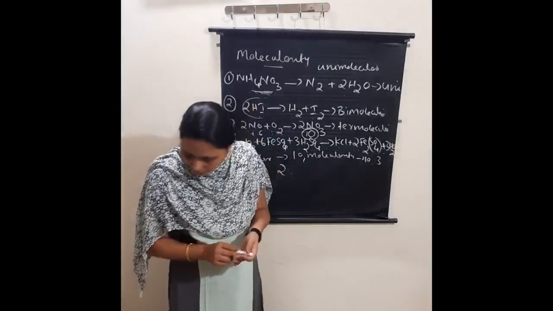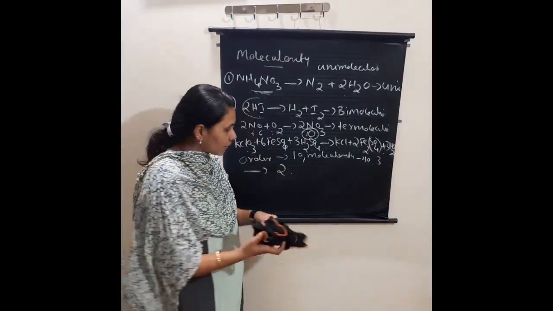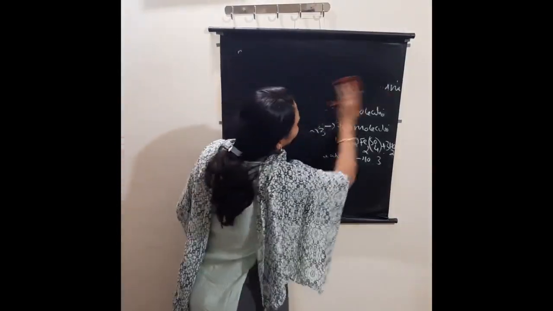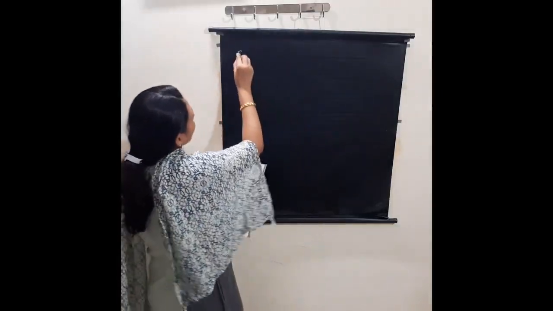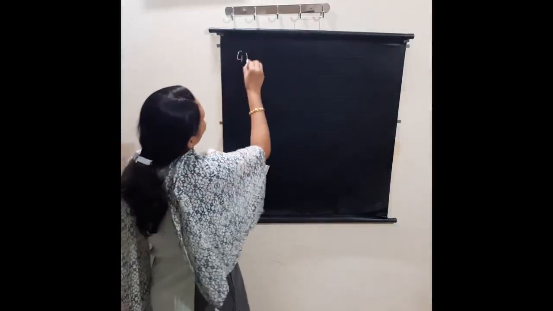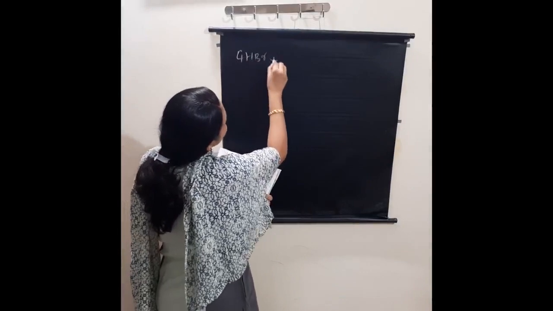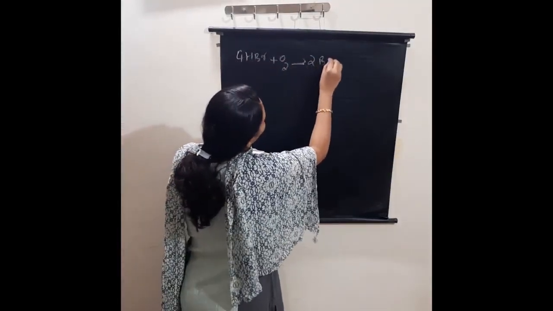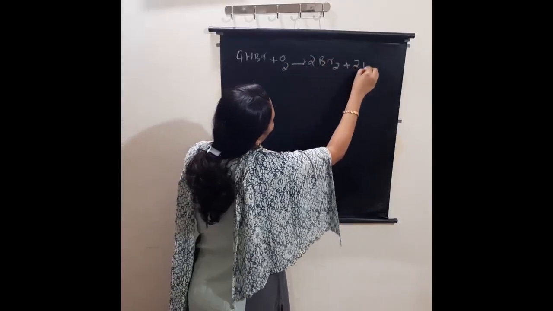For example, I will write one reaction here. The reaction is 4HBr plus oxygen gives 2Br2 plus 2H2O.